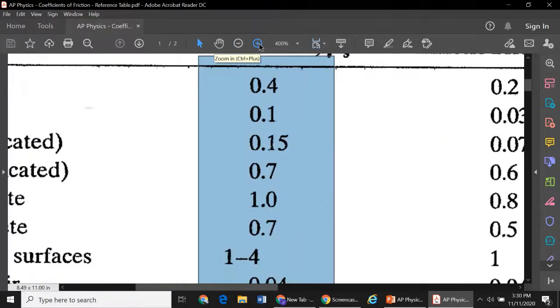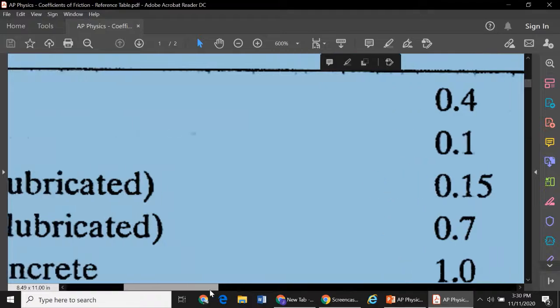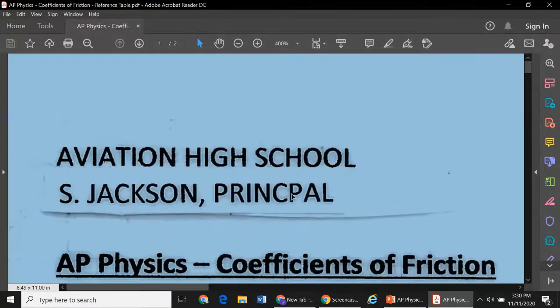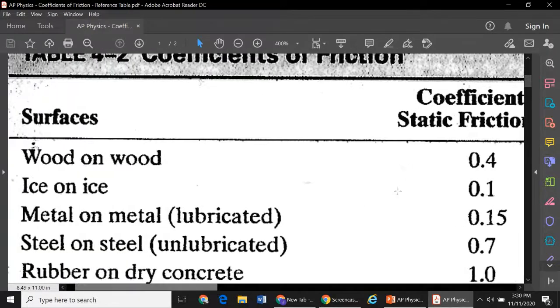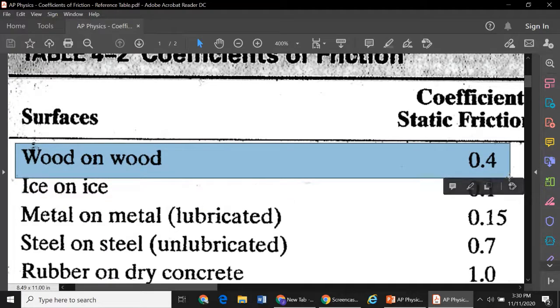Just to be totally clear about the point I just made, I want to zoom in on this section of the chart here. Let's say when you look at a chart, the coefficient of static friction for wood on wood is 0.4. Essentially what that means is when wood is in contact with wood, and obviously that's too vague because the wood could be sanded, it could be a different kind of wood, but whatever. When the textbook says it's a wood block on a wood table, don't go too nuts about the specifics.